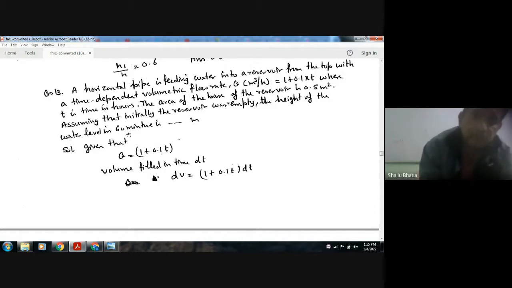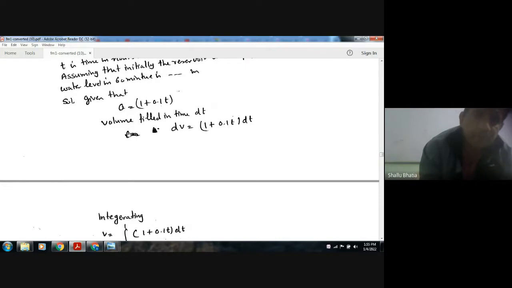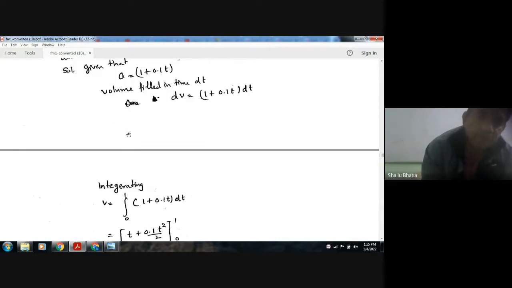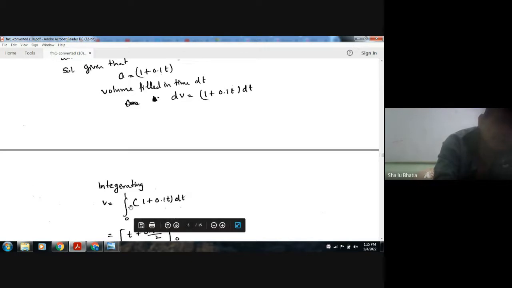The volume of water entering the reservoir in 1 hour you can get by integrating, with limits 0 to 1, of 1 plus 0.1 T dt.